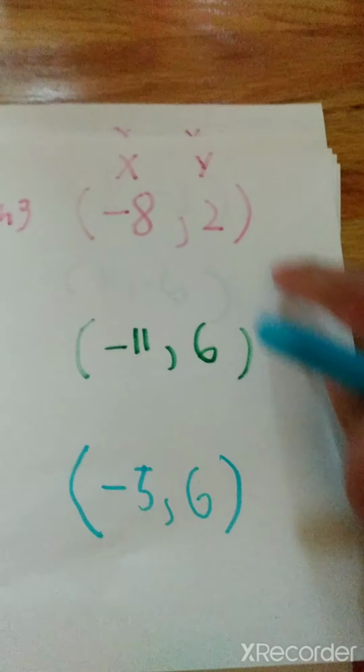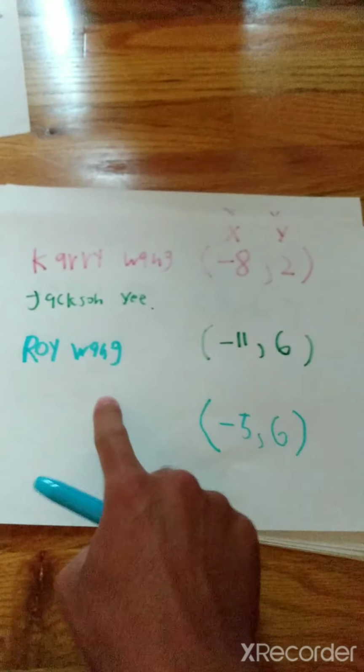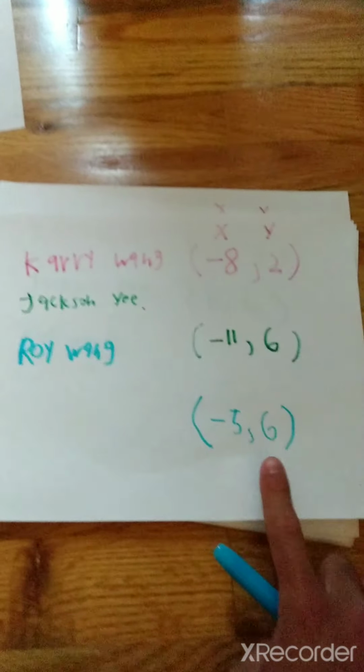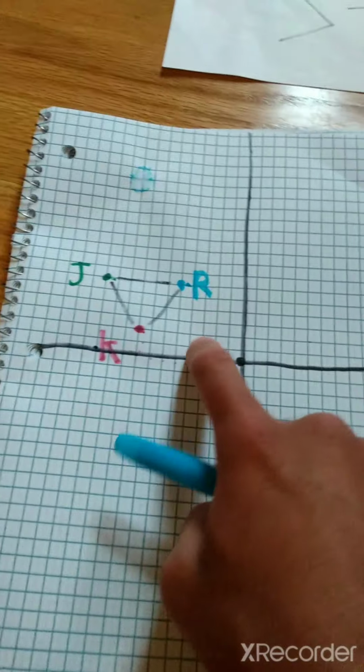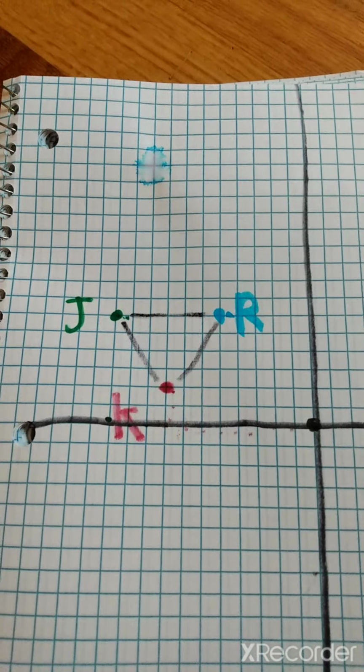So, these points are the current locations of each boy band member before the translation happens. This indicates where this triangle is at. Now, let's see what the translation is.